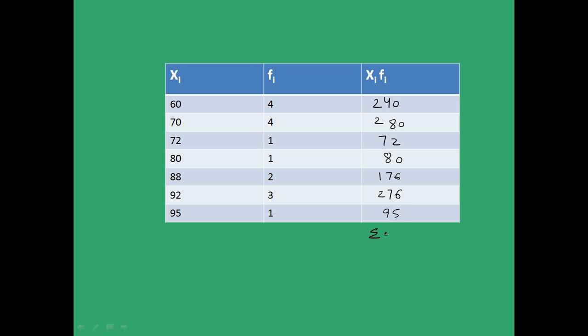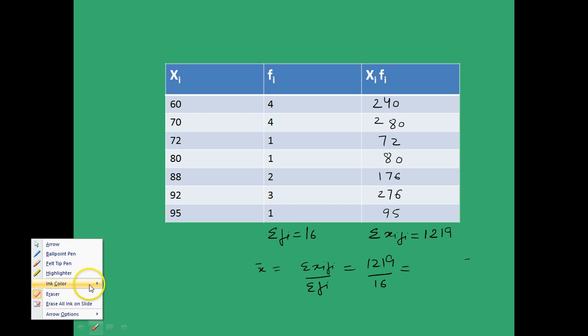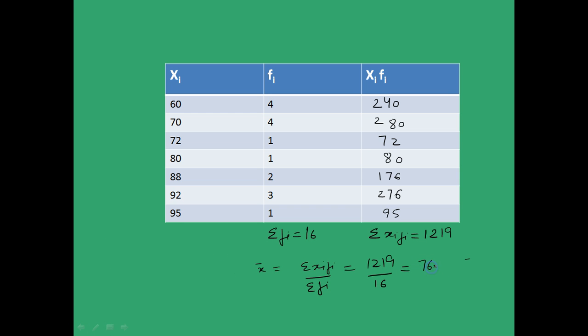So sigma xi fi is simply the sum of all these numbers, which is 1219, and as far as sigma fi is concerned, this is equal to 16, and so therefore x bar is equal to sigma xi fi upon sigma fi, that is 1219 divided by 16, which is equal to 76.1875, right?